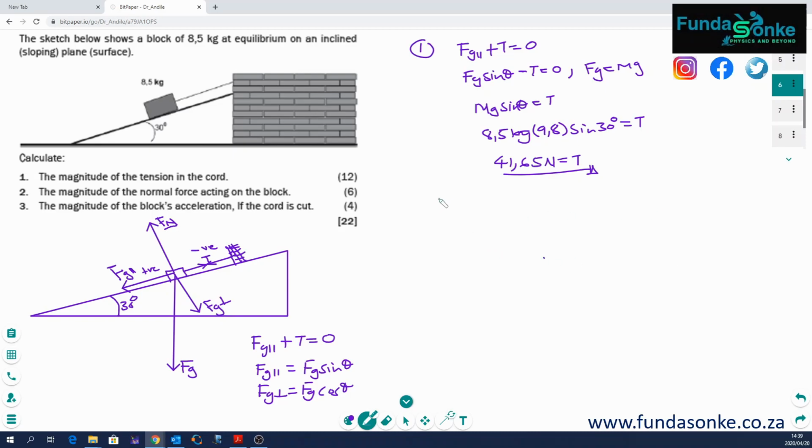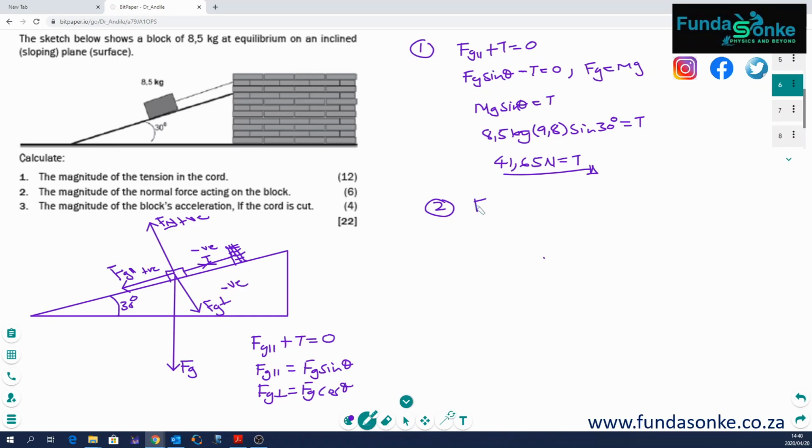Okay, so then what it means is for number 2, if we assume that our normal force or upward force to be positive, then our Fg perpendicular will be negative.